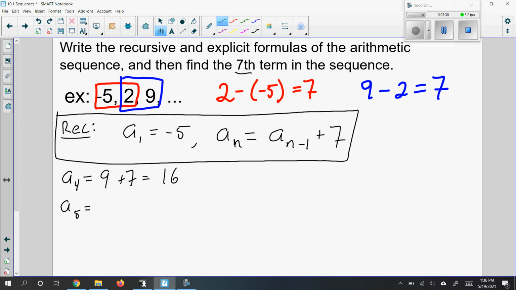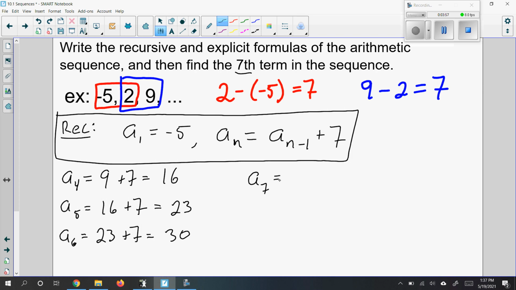Well, the fifth term is the fourth term, which is 16, plus 7, which is 23. Now I need to find the sixth term. The sixth term is the fifth term, which is 23, plus 7, which is 30. Now I can find the seventh term.